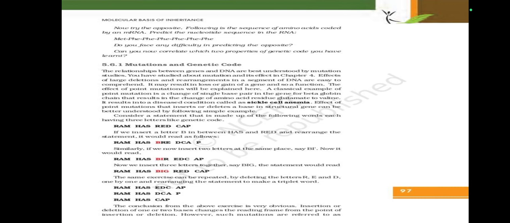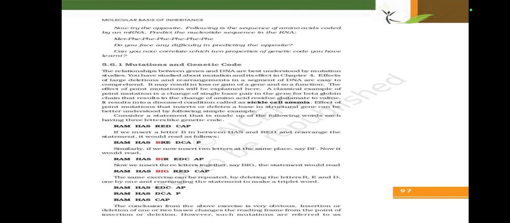Now, the following is the sequence of nucleotides in mRNA. Predict the sequence of amino acids from it. Take help of the checkerboard. AUG, UUU, UUC, UUC, UUU, UUU, UUC. Now try the opposite.